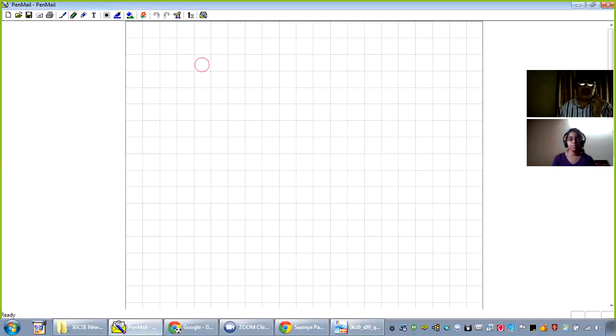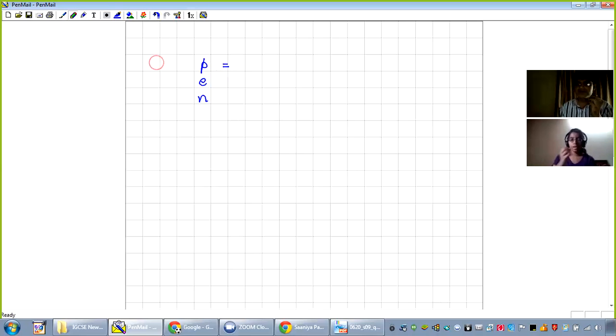I'm just going to write P, E, N: protons, electrons, neutrons. The number of protons is also equal to the atomic number. Do you know the symbol of atomic number?